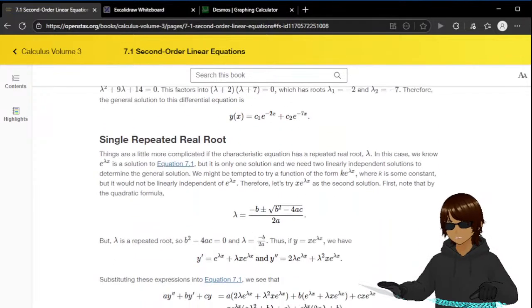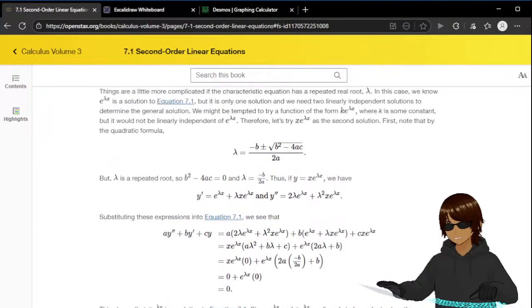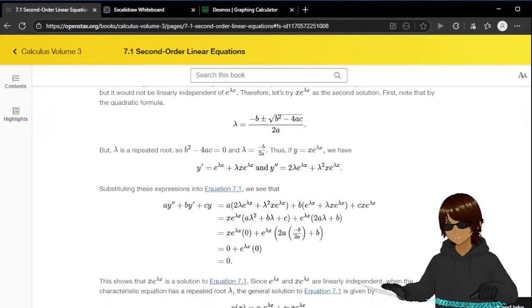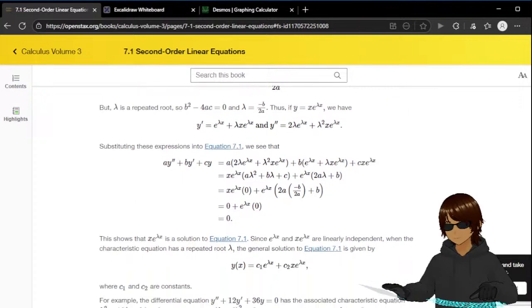But over here, when we have y is equal to x times e to the power of lambda x, then this argument doesn't work. This entire thing has to be 0.